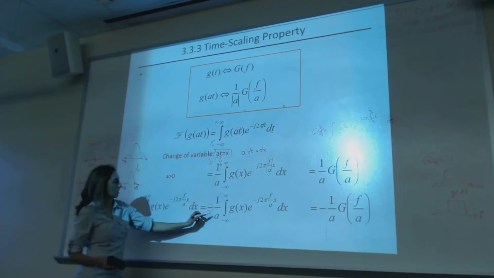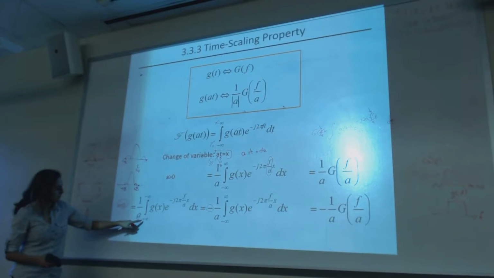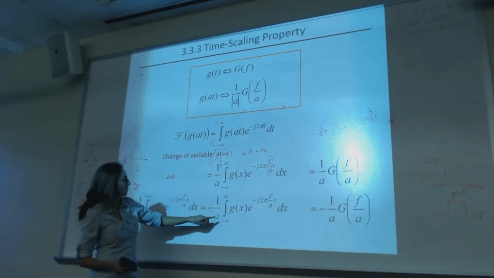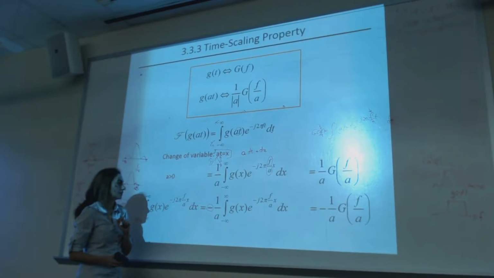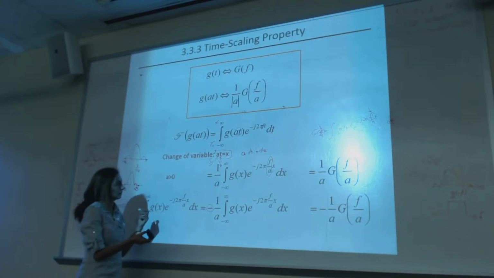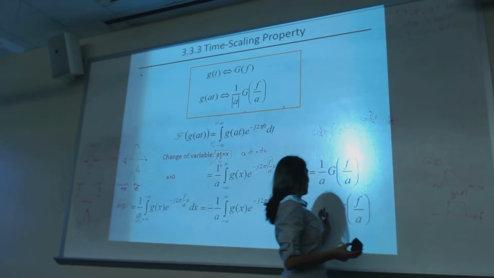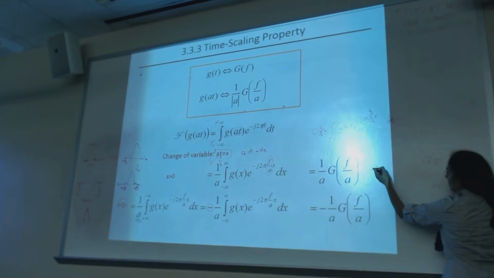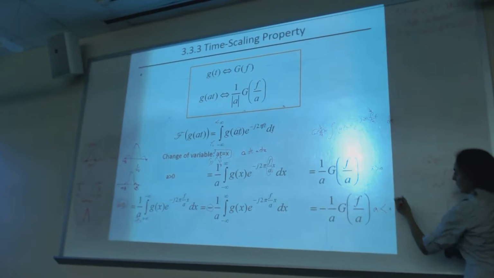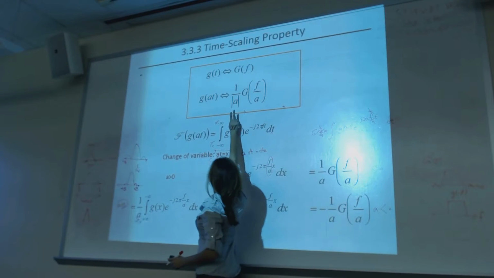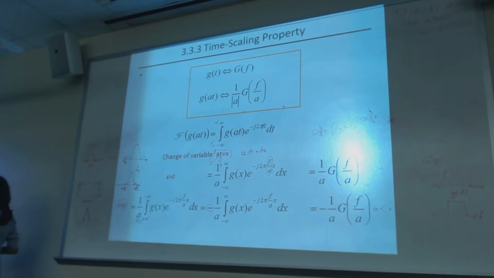That's how we get a negative sign here. If I change this from plus infinity to negative infinity into negative infinity to plus infinity, I introduce a negative sign. Some manipulation of the formula. So this is a positive, this is a negative. If you put both of them together, you get this one. You see the absolute value, that's why, because with both positive and negative you have, the sign is different.